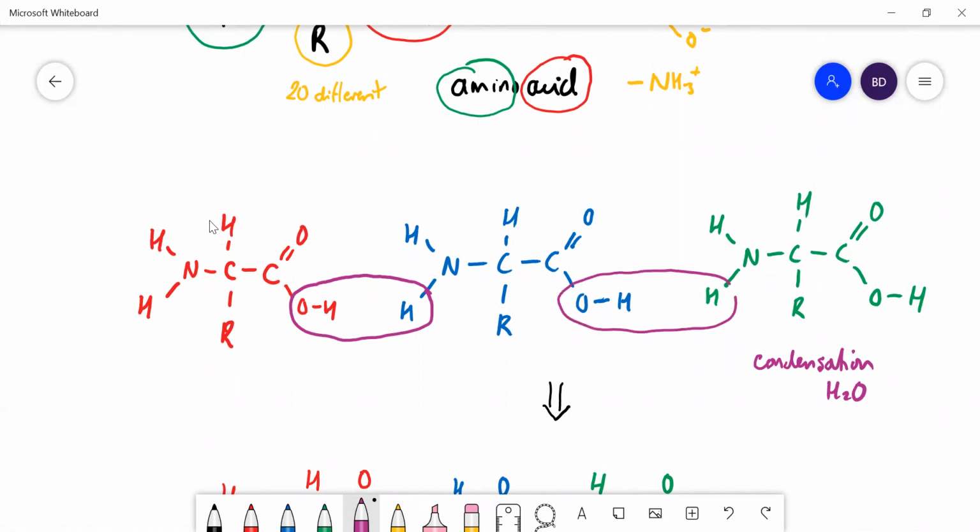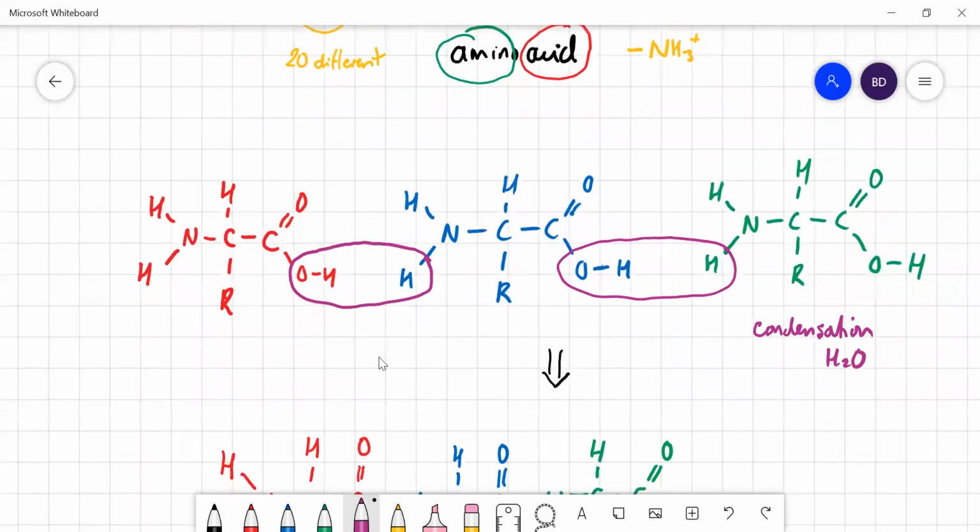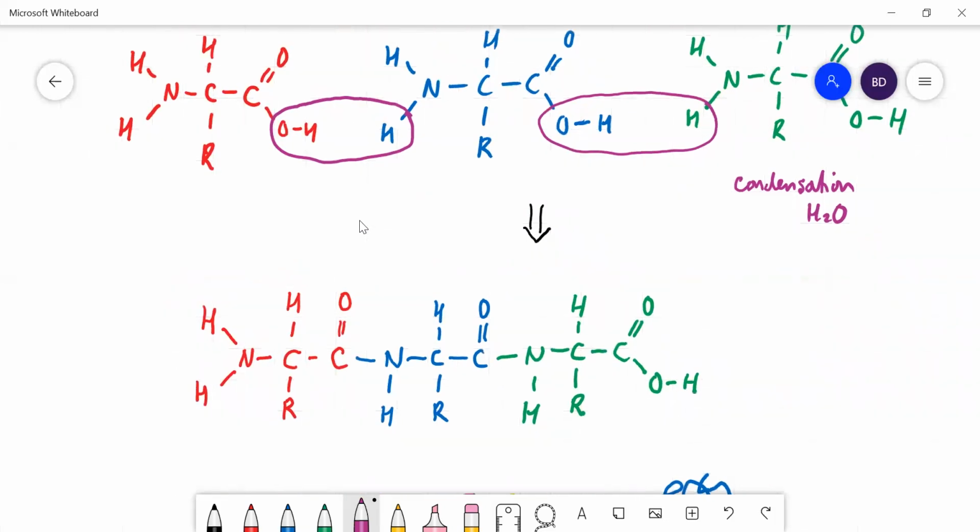Use H2O there. I've drawn 3 different amino acids. I've drawn them in 3 different colors, so each one would have a different R group. And these can join together to form, you wouldn't really call it a protein. When it's short, you call it a peptide. So you call this a peptide, and it's 3 long, and we would call it a tripeptide.